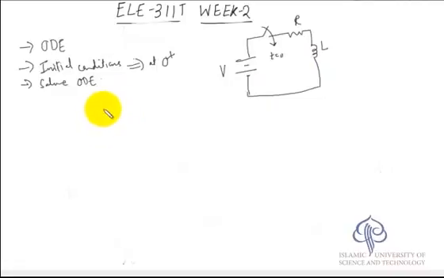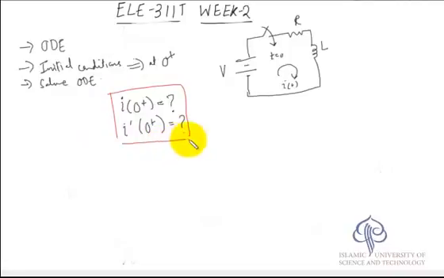So suppose we want to find out the initial conditions for the current, where this is the current flowing in the circuit at 0 plus. And we also want to find out the derivative of the current at 0 plus. This is just for our interest. We want to see whether we can obtain this information from whatever we have been told. We have been given the circuit, and we have also been told that the current at 0 minus is 0.